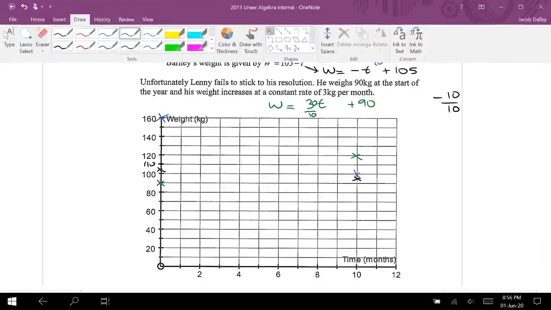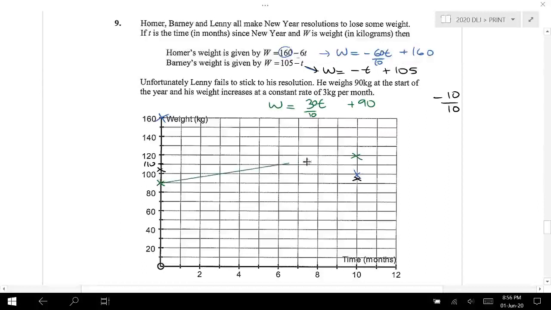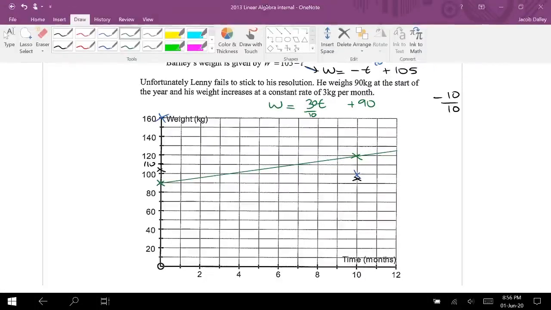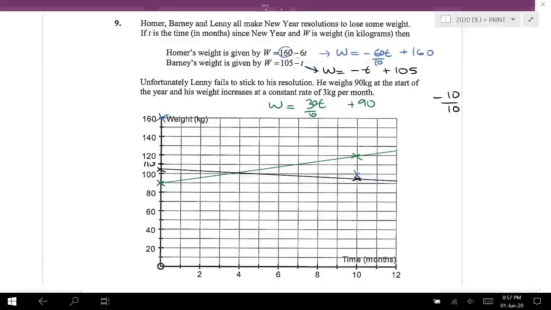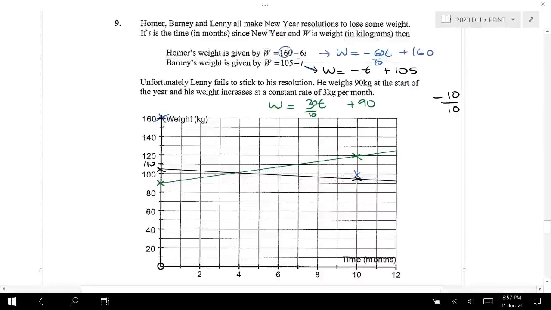Alright, I'm trying to draw these lines in as accurately as I can. Alright, good enough. Next one, black line, Barney. There we go. And Homer, starting way up here. Ooh, that's not great.